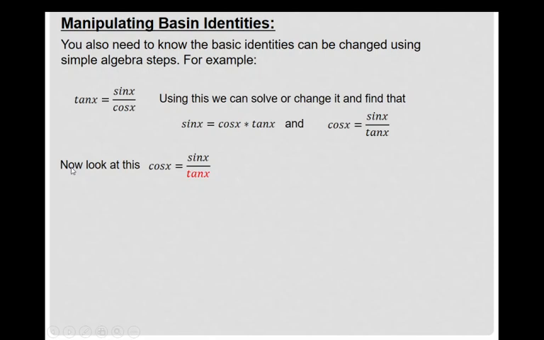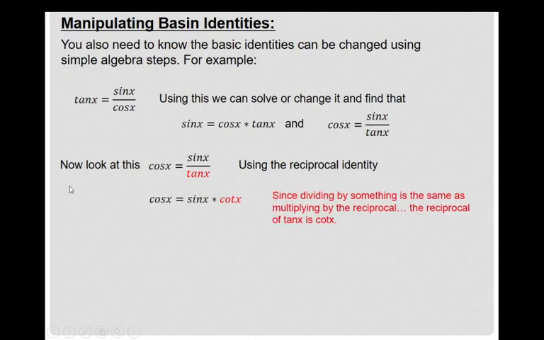Now look at this one, cosine is sine divided by tangent. Using the idea that dividing by something is the same thing as multiplying by its reciprocal, and the reciprocal of tangent is cotangent, we can change this from sine divided by tangent to sine times cotangent. And we've created a new identity.